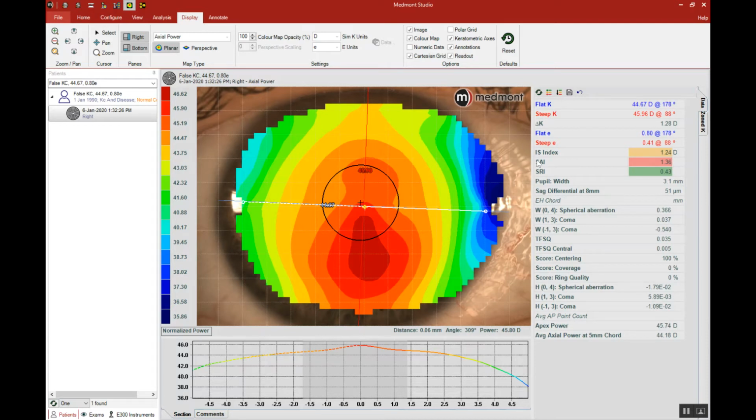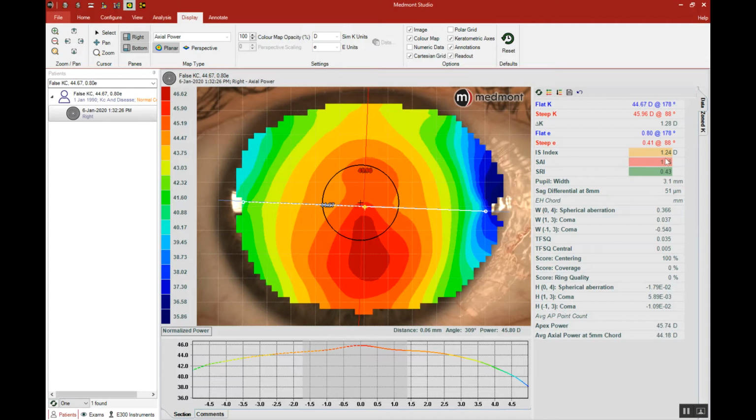The first, the IS value, or inferior versus superior index, takes the inferior hemisphere and averages all these numbers, then compares it to the superior hemisphere and averages all these numbers. The difference between the upper and lower hemisphere gives us an IS index.